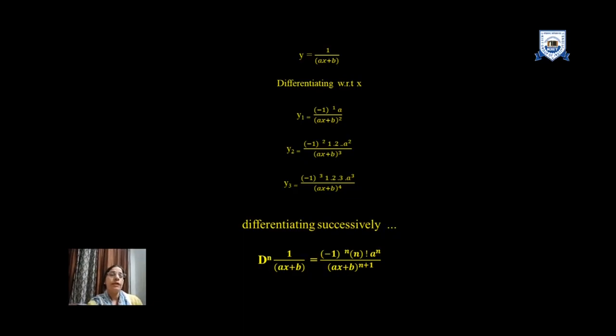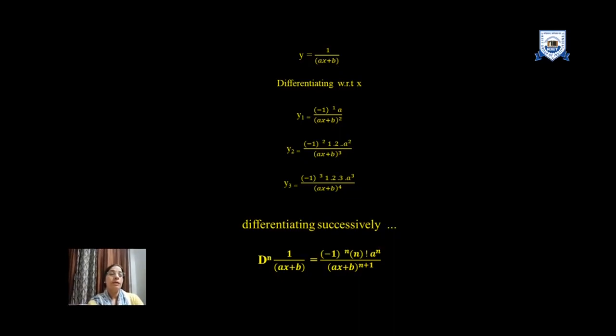If we differentiate this, we get first order derivative y1, which has the value minus 1 to the power 1 into a divided by ax plus b raised to the power 2. Differentiating again, we get y2, which has the value minus 1 to the power 2, 1 into 2 into a squared divided by ax plus b to the power 3. And then y3, y4, y5, and so on.